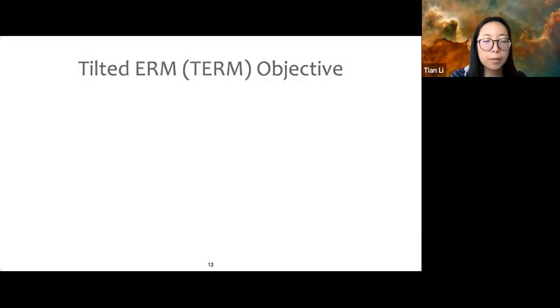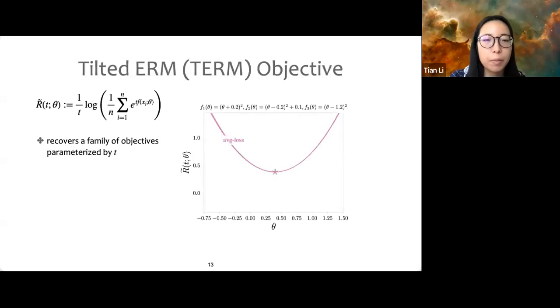So I will talk about some of the nice properties of the TERM objective. By ranging t from negative infinity to positive infinity, it recovers a family of objectives parameterized by t.